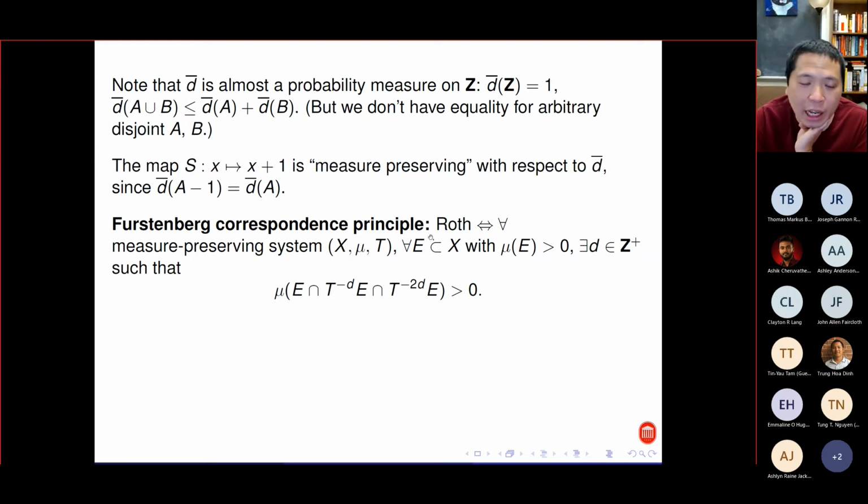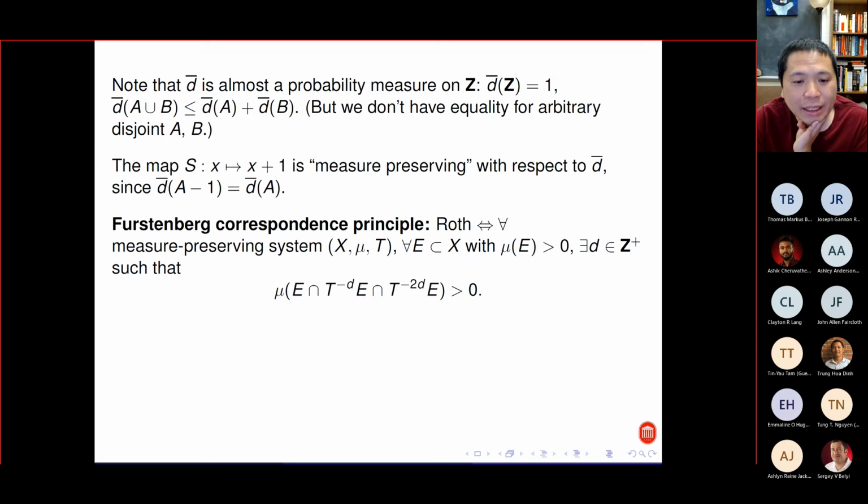If you are in a measure preserving system, and you start with a set E whose measure is positive, then you can find an integer D such that these 3 sets, E itself, the pre-image by T to the D, and the pre-image by T to the 2D, have positive intersection. So the intersection has positive measure.